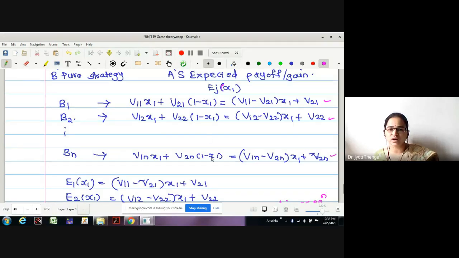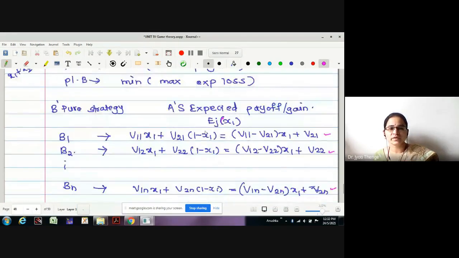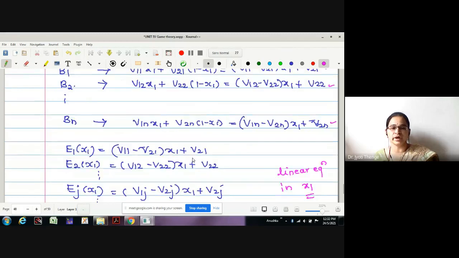Therefore, for x1 equal to 0, we get all the entries V21, V22, V2n, that is, the second row entries.